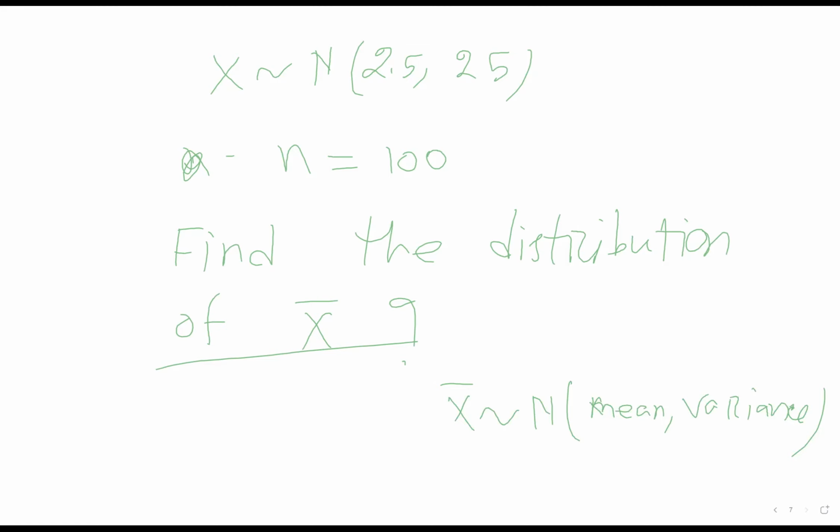The standard deviation is the square root, not the variance. So mean is 2.5, variance is 25. Yeah, mean is 2.5 in both cases. For X and X bar, they are the same. But how about the variance? So I got three different variances, 5, 25, and 2.5.